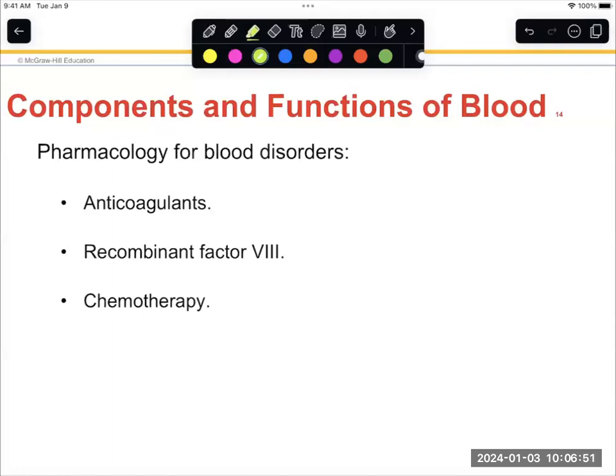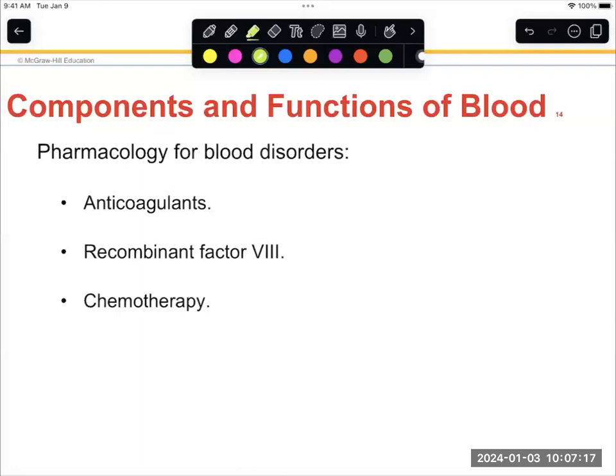Heparin prevents prothrombin and fibrin formation. So these are other proteins that participate in that clotting. Warfarin inhibits the synthesis of prothrombin and others to act as an anticoagulant.